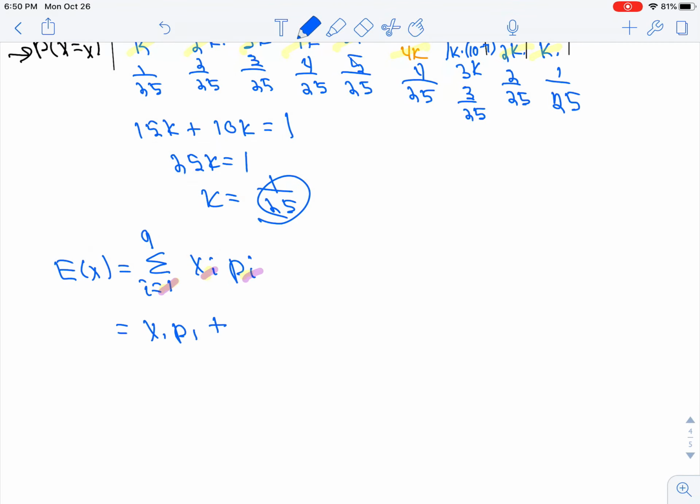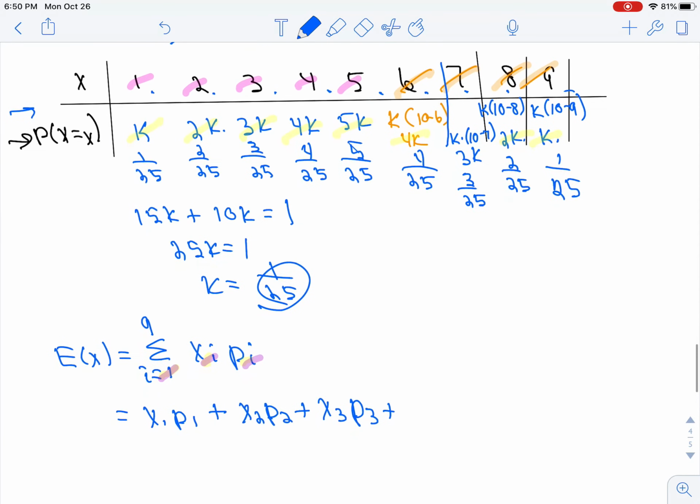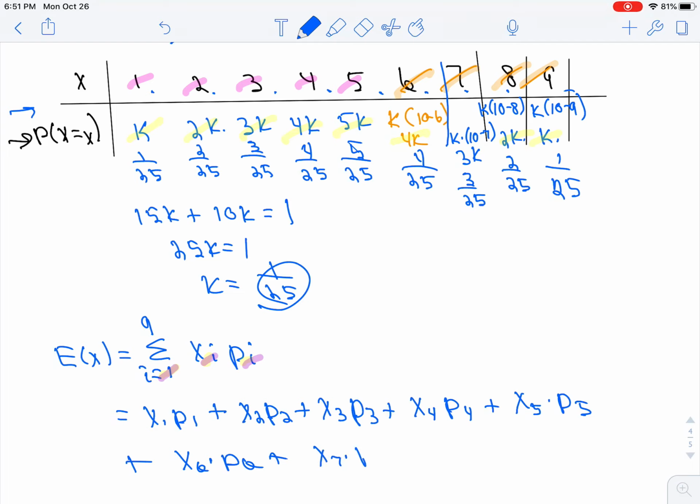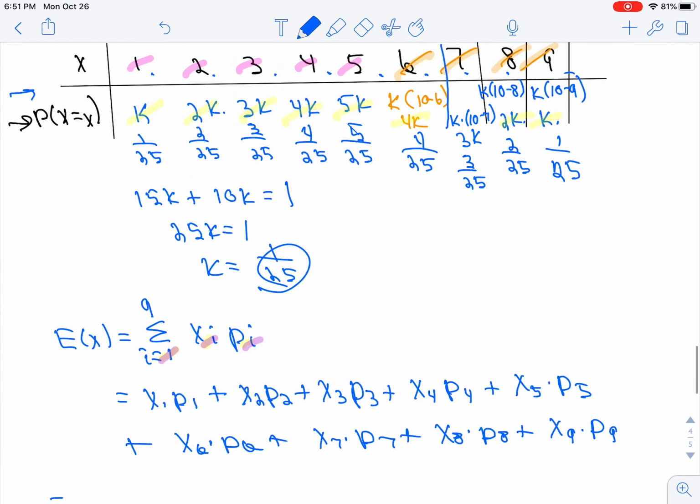So I get x sub 2, p sub 2, and then all the way down the line. So x sub 3, p sub 3, plus x sub 4, probability 4, plus the fifth value of x times probability 5, plus x sub 6 times probability 6, plus x sub 7 times probability 7, plus x sub 8 times probability 8, plus x sub 9 times probability 9.